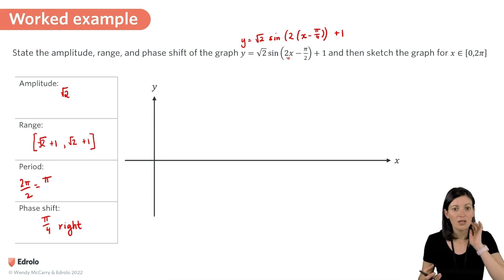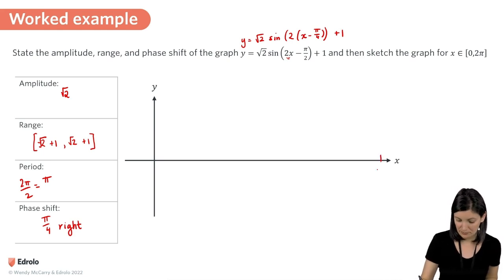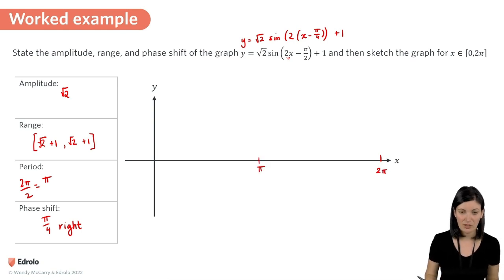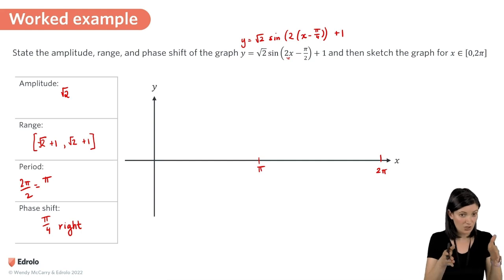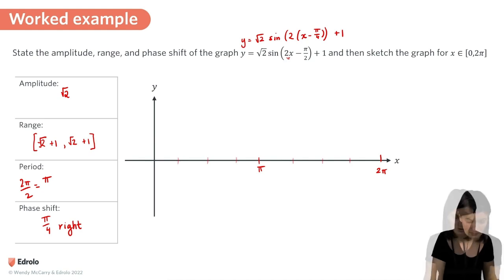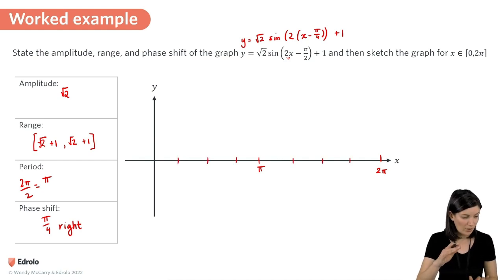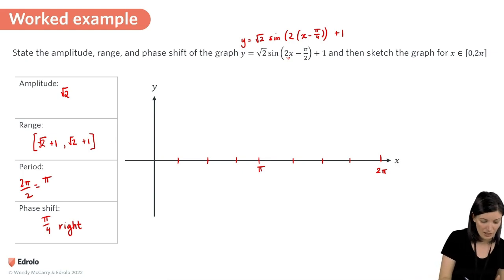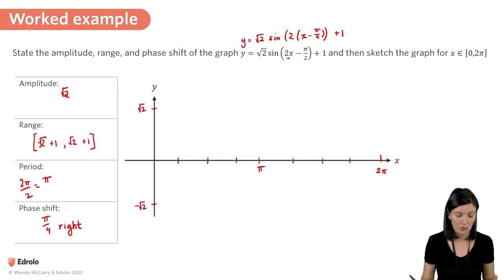Now, I need to go between 0 and 2 pi, but my period is pi. I'm going to divide up each of those cycles into 4. Now I'm going to go with what my range would be without any vertical translations, so I'm going to go from negative root 2 up to root 2.